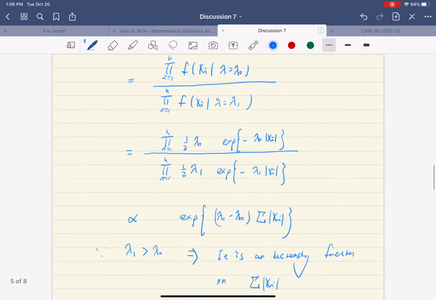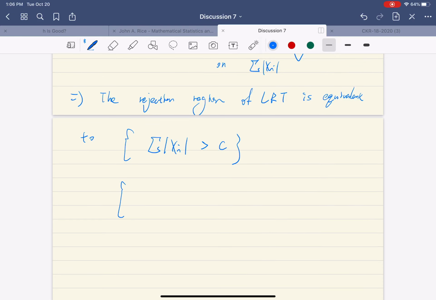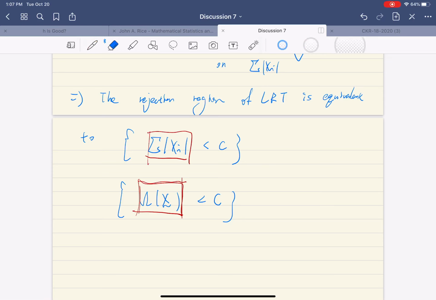This is the same result. Originally we have this, and this is an increasing function of this. So that means if we want to find that this is very small, it's equivalent to finding that this is very small.